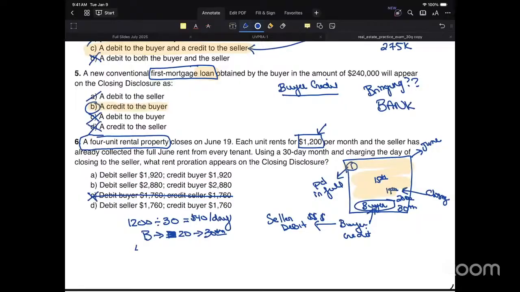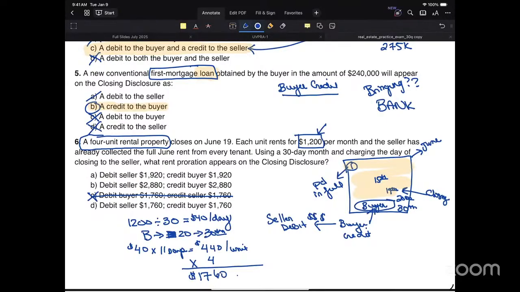So $40 times 11 days means the seller needs to give the buyer $440 for each unit. There are 4 units, so that seller needs to pay for 11 days for 4 different units. 440 times 4 gives me $1,760.